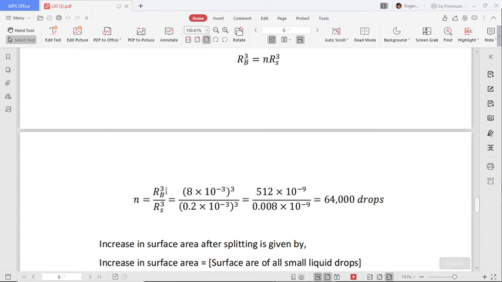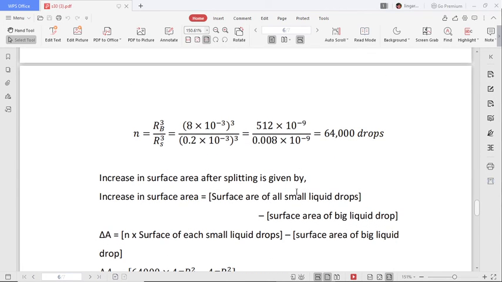Next, N is equal to R cube by r cube. So 8 by 0.2 cubed gives 512 by 0.008, which gives 64,000 drops. So the number of drops, N, is 64,000.